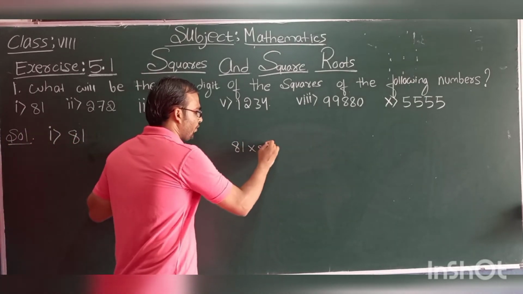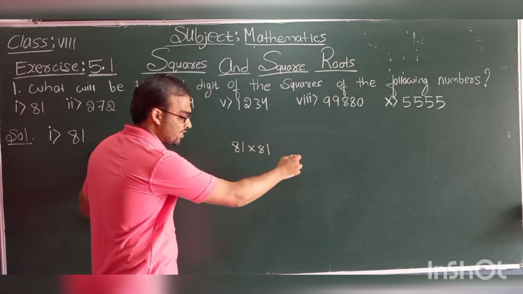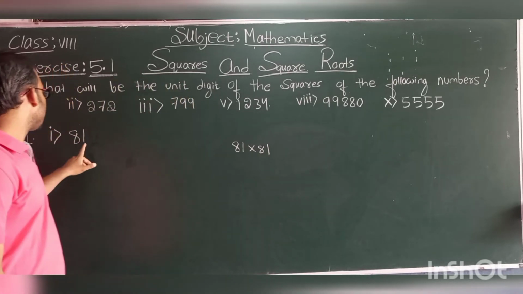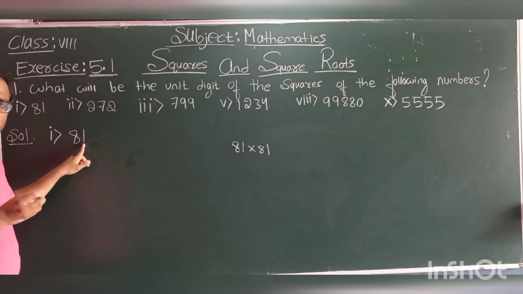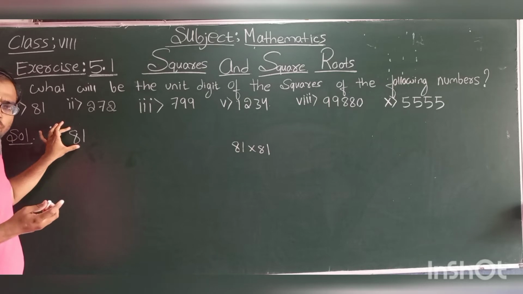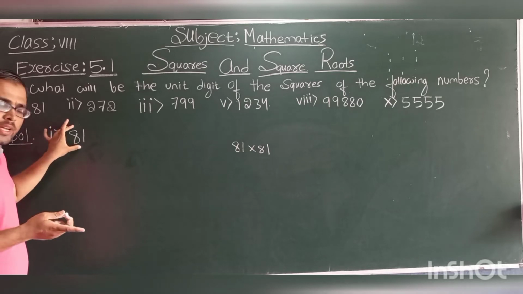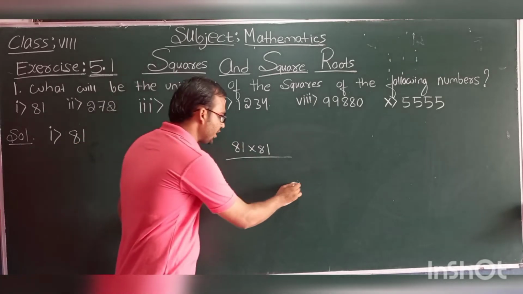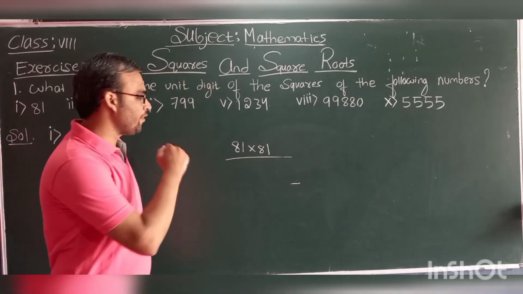We need not multiply; just check the digit in the unit place. Just look over here: what is the last digit in the number? When we square this number, that is, when we multiply 81 with 81, what digit are we getting at the units place, that we need to find.